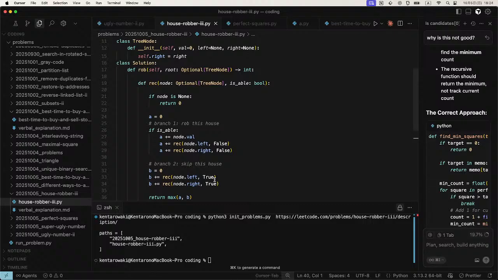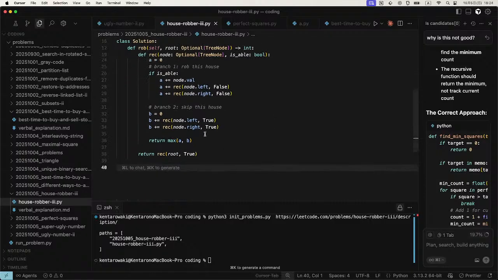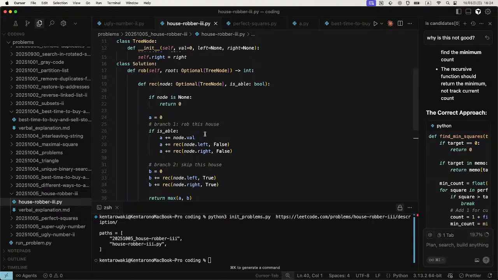For this kind of problem, the recursive function revisits the same node many times, so I think the cache works.